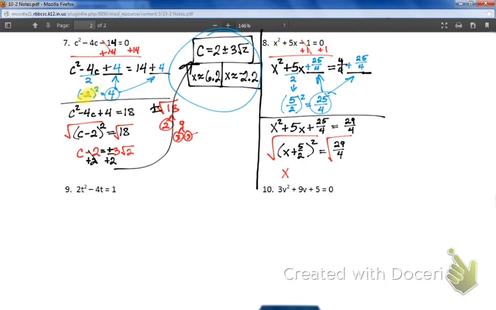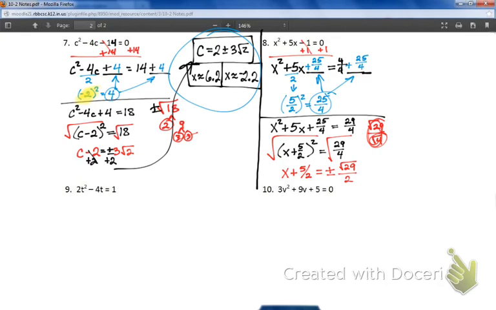So I have x plus 5 halves equals, now as you know, square root of 29 over 4 is the same as square root of 29 over the square root of 4. Well, denominator is a perfect square, so that's good. I can just rewrite this as plus or minus square root of 29 over 2, right?